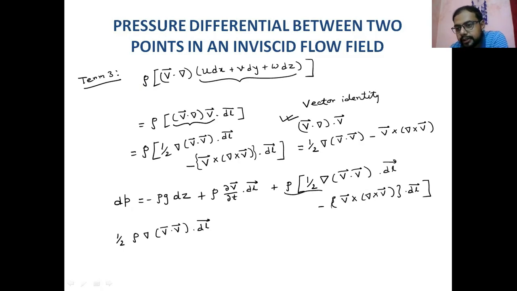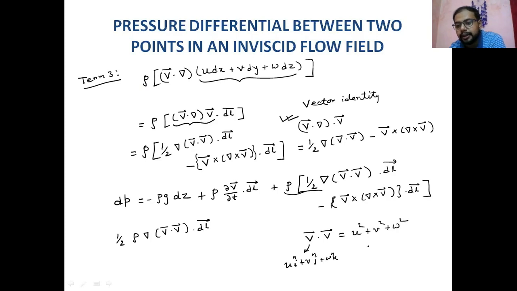This can be reduced further because of v dot v. What is v dot v? V dot v means u square plus v square plus w square, because ui plus vj plus wk, same way this one.